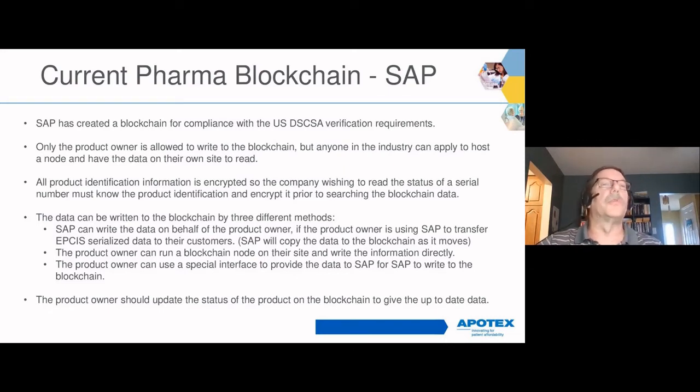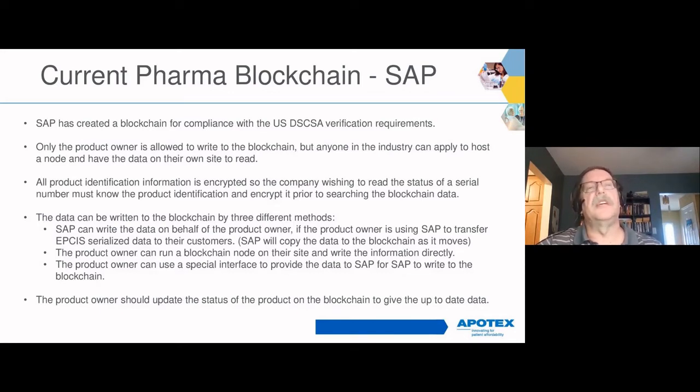And the product owner should always update the blockchain to give the most up-to-date data for the status, so that anyone who's looking at the blockchain can see if a particular product has been decommissioned. So if they have that in their hand and they're trying to verify if it's a valid product, it would come back and say it's a valid product, but it would also say it's been decommissioned.